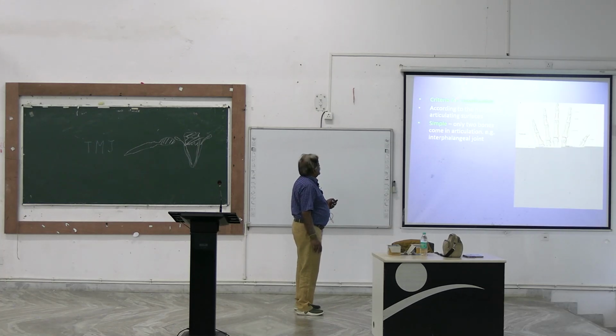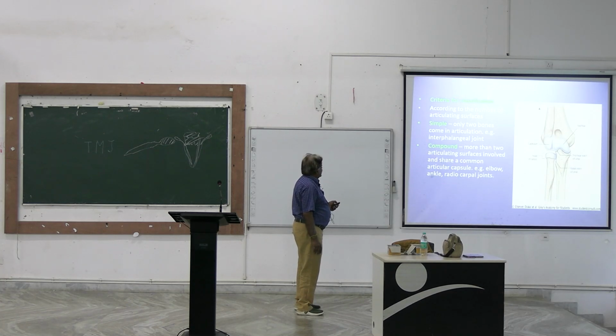Now, the criteria of classification according to the number of articulating surfaces. Simple: only 2 bones come in articulation. Example, interphalangeal joints. See, 2 bones. Compound: more than 2 articulating surfaces involved and share a common articular capsule.